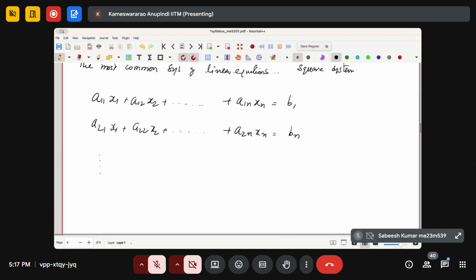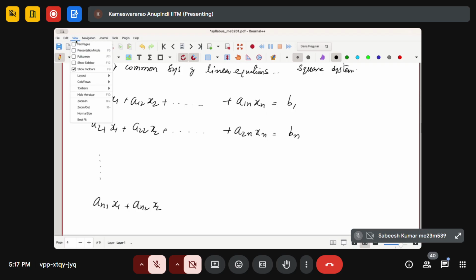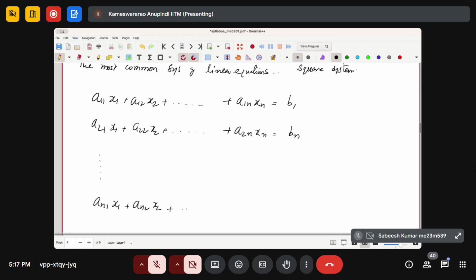Then I have more equations here, and the last equation might read an1x1 plus an2x2 and so on, plus annxn equals bn. So these are several equations: this is equation number 1, this is equation number 2, this is equation number 3.